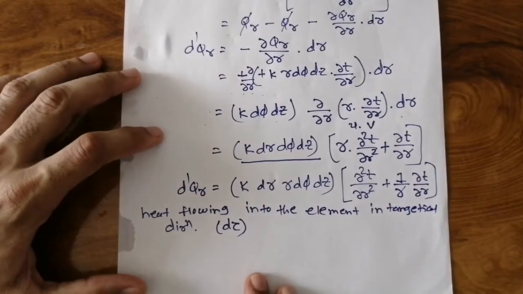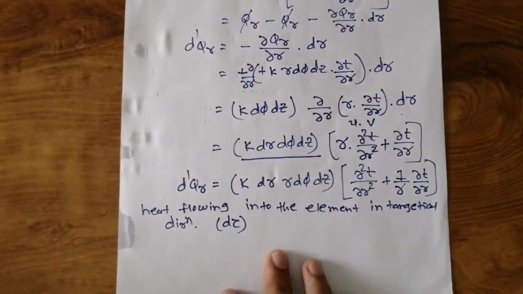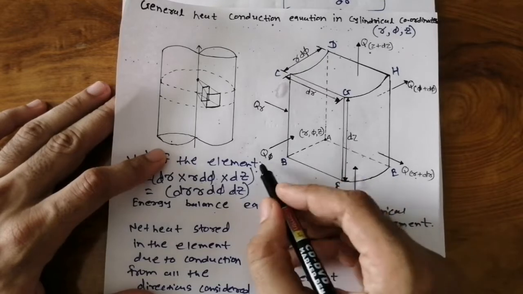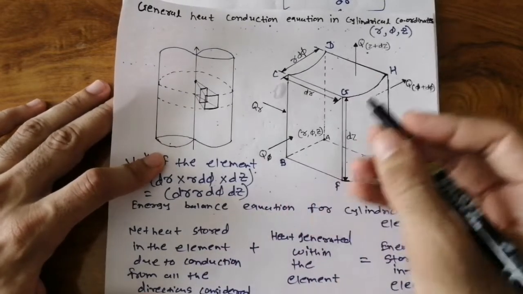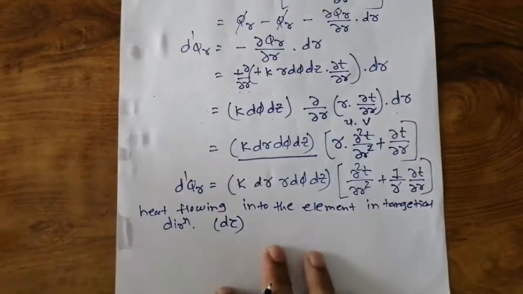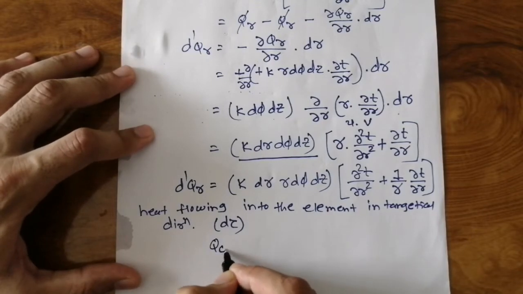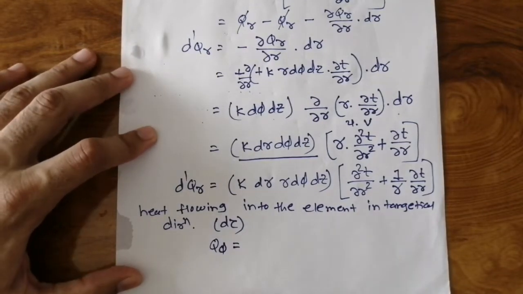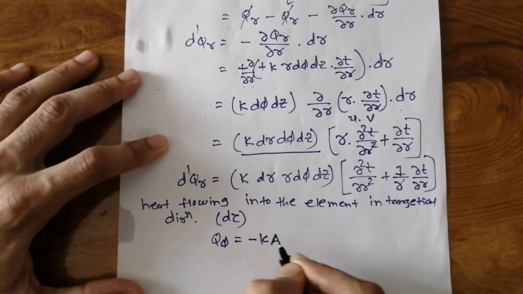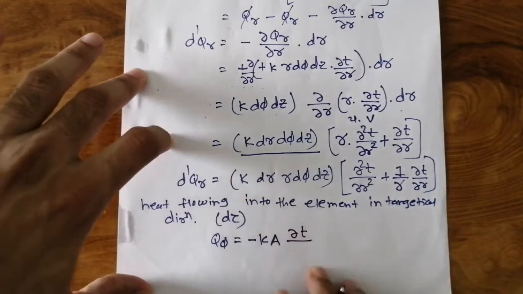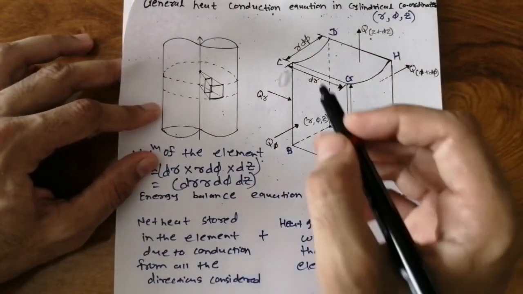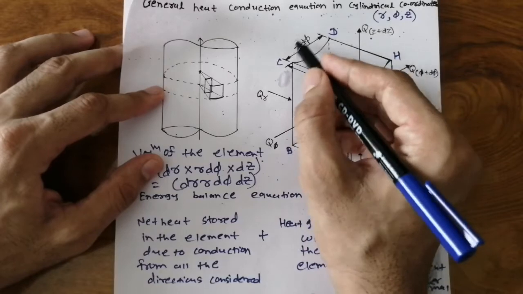Now we consider the heat flowing into the element in the tangential direction. In the tangential direction we consider Qφ as energy in and Qφ+dφ as energy out. So in will be Qφ, which is equal to, according to Fourier's law of conduction, minus kA ∂T by, now what will be the distance in the tangential direction? The thickness in the tangential direction will be r dφ.